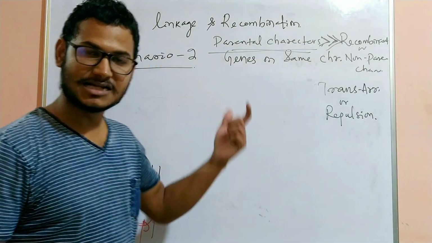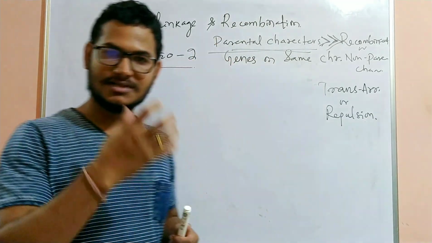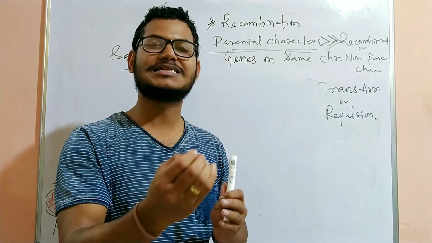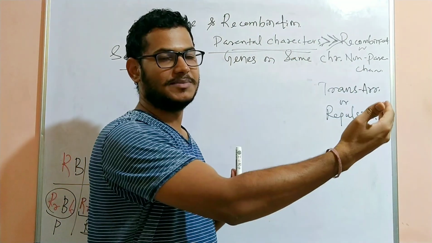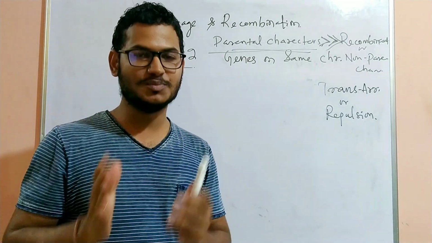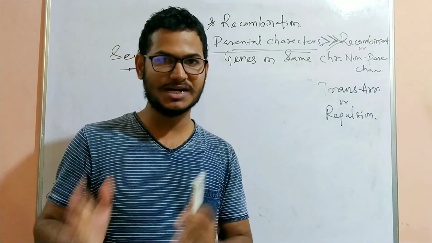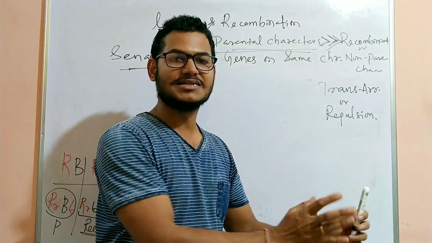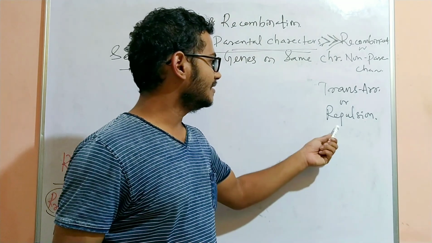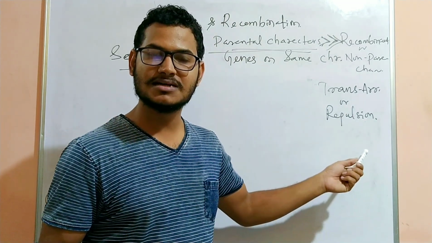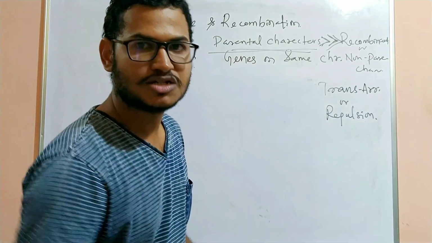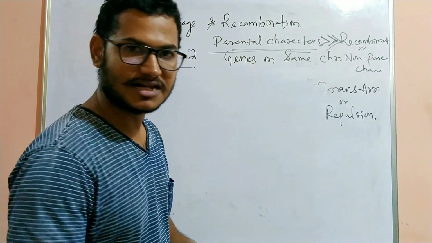There the cis arrangement was coupling, because the dominant characters want to remain in one chromosome and the recessive genes want to remain in another chromosome. The tendency to remain together is coupling, and here repulsion means they are present in different chromosomes. So let's see what is trans arrangement.